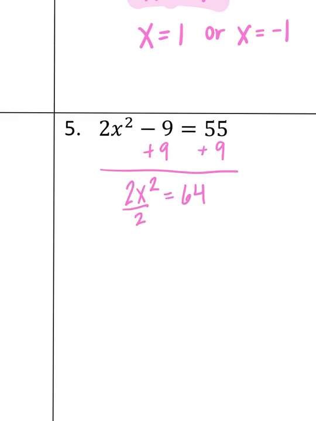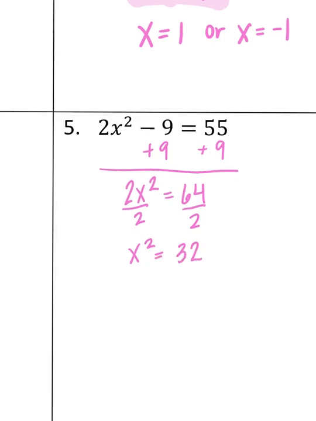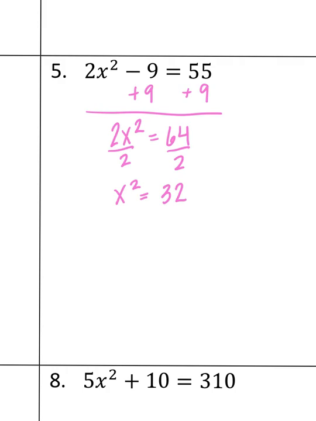Divide both sides by 2: x squared equals 32. Take the square root of both sides, and I get x equals radical 32.